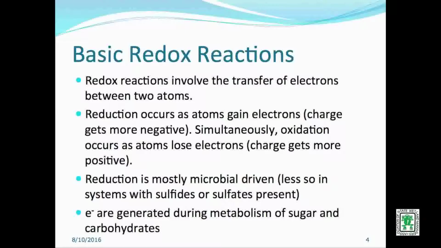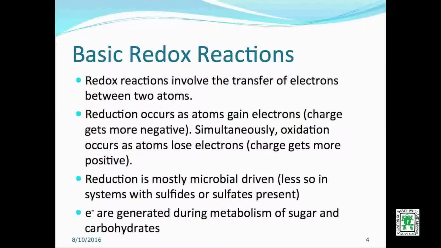The term we use for the gain of electrons is reduction. Reduction is when the charge gets more negative because it received a negative electron. Oxidation is the opposite. Oxidation occurs as atoms lose or donate electrons, and in this case the charge gets more positive.